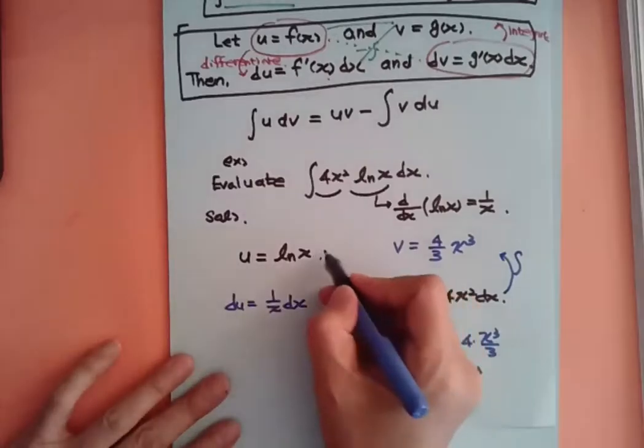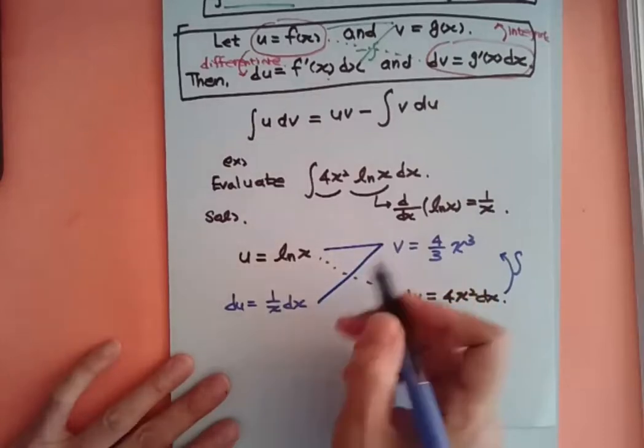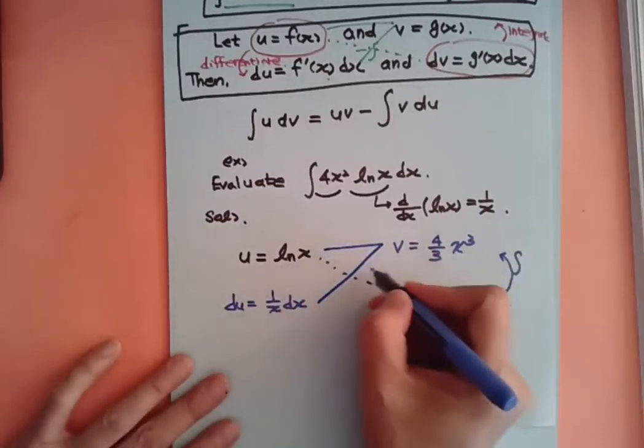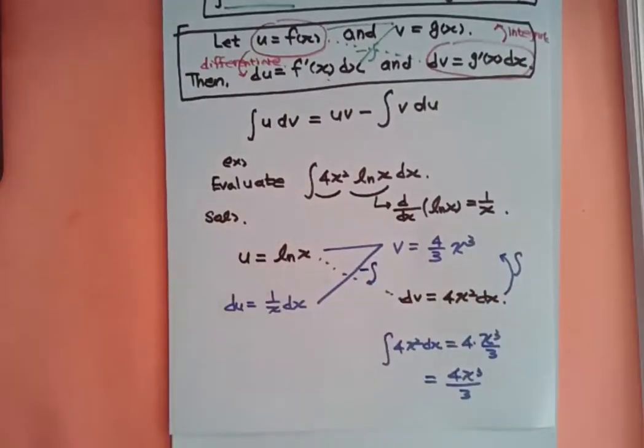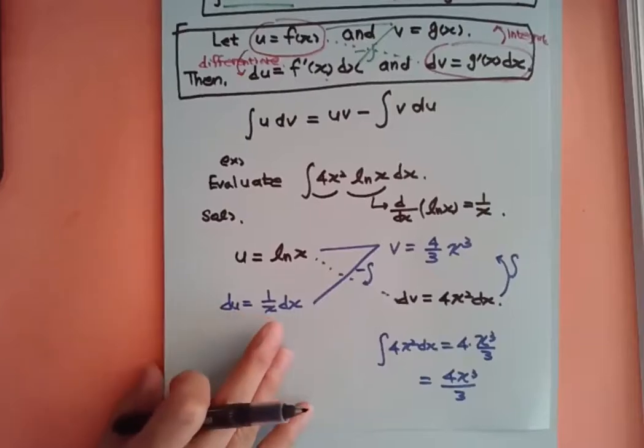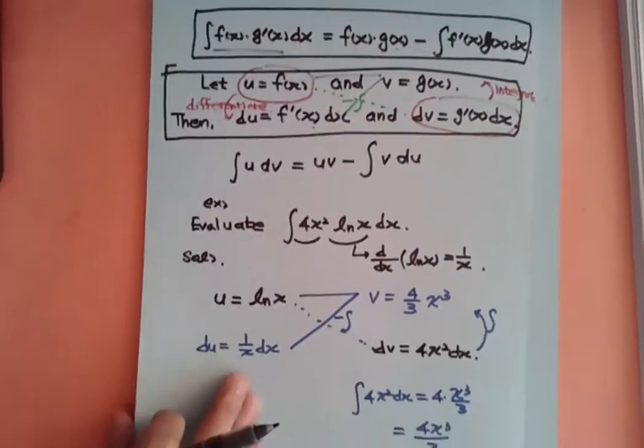And then you connect like this, and this slant toward the left is minus integration. And this horizontal one in the formula is multiplication. Any question?